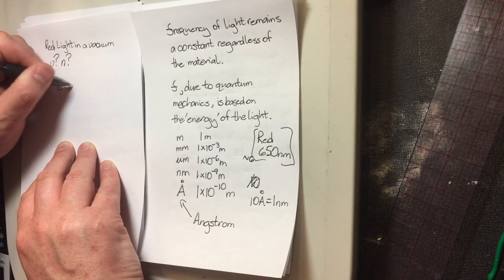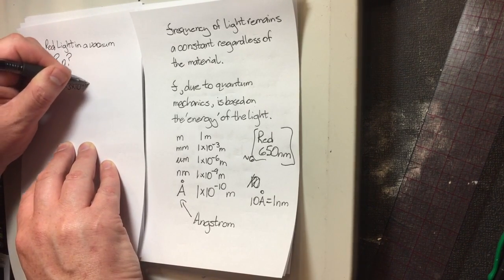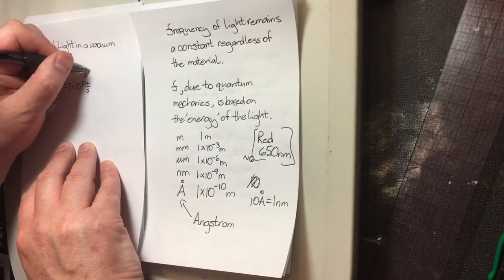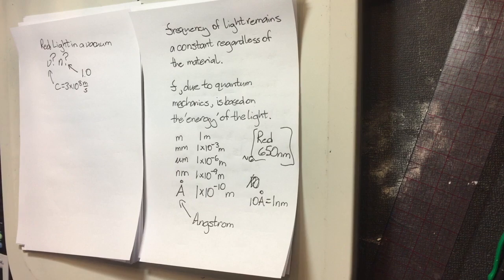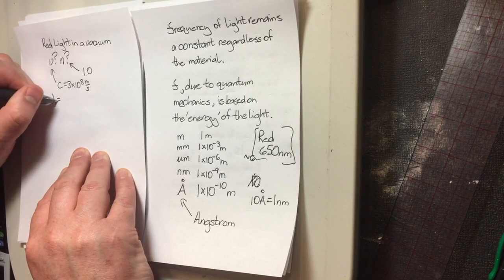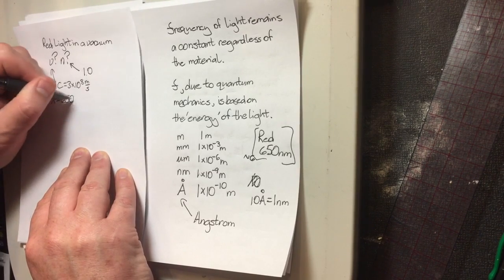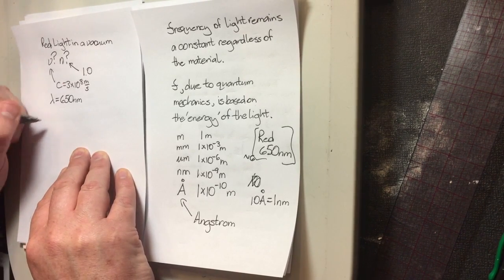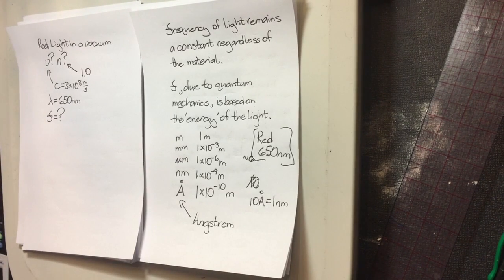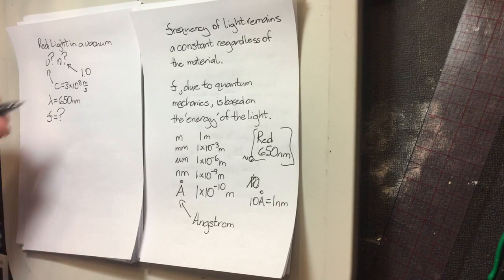It's c, which is equal to 3 times 10 to the 8th meters per second. Index of refraction, well, that's easy. It's 1.0. That's the index of refraction of a vacuum. Let's get interesting. The wavelength is equal to 650 nanometers. So the frequency is what?